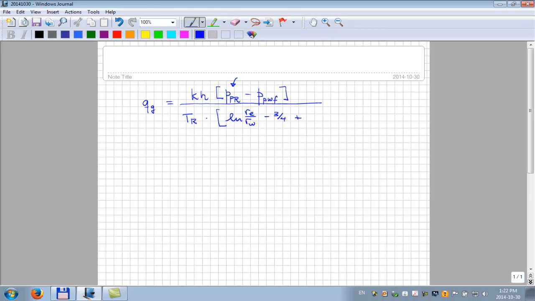And then we had also talked about skin, right? And then this pseudo pressure we had defined as 2 times the integral of P over mu Z dP, which is effectively rho over mu dP, and I told you why that was defined that way.